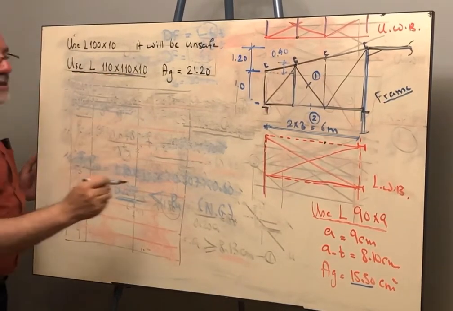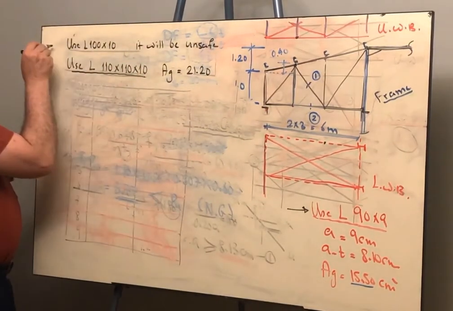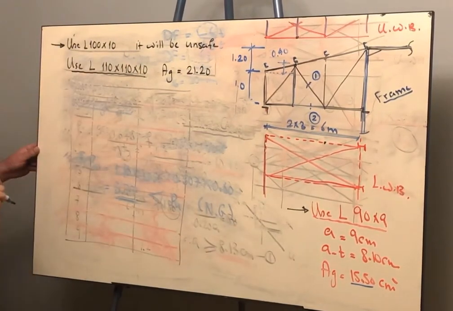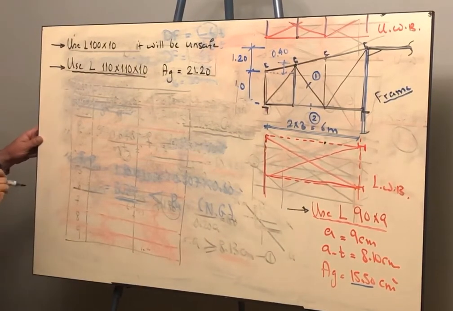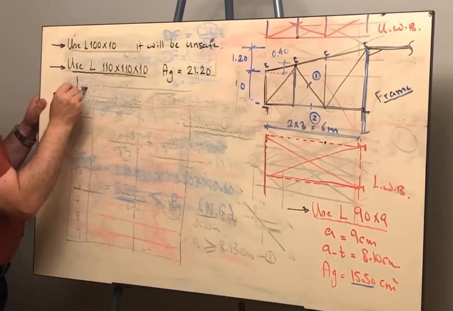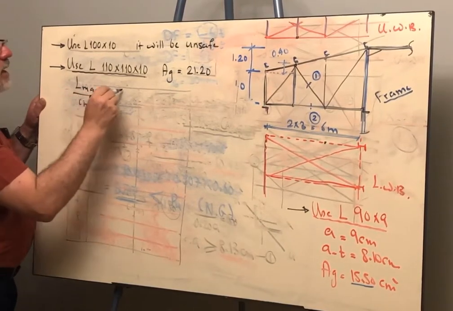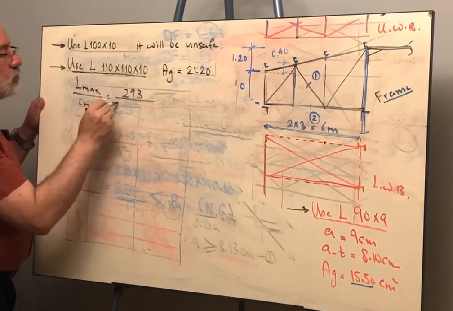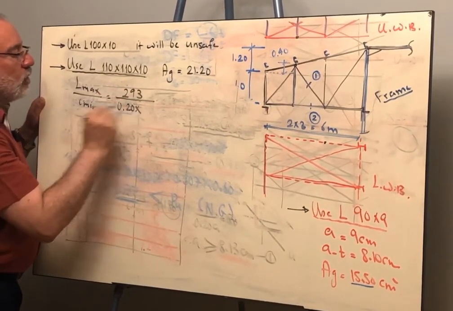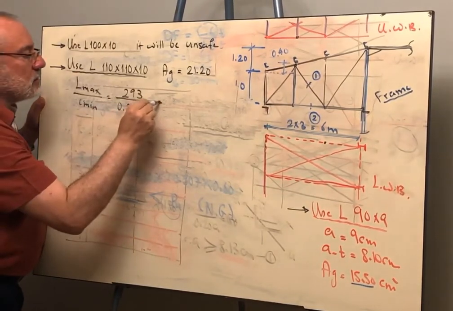The first iteration, we used one angle 90, it was unsafe. The second iteration, we used one angle 100, unsafe. And then the third iteration is this one. So I will take L maximum over I minimum. L maximum is 293 over I minimum. This is one angle, so it will be 0.2 of the angle leg here, which is 11 centimeter.